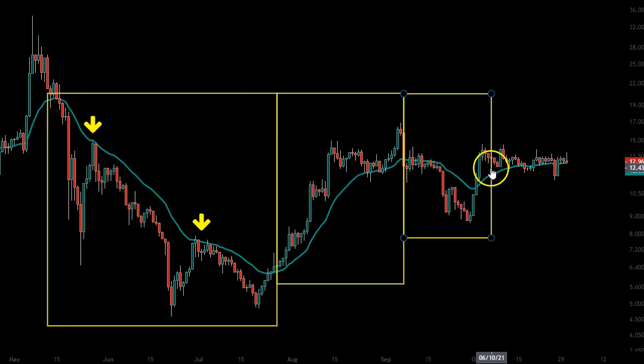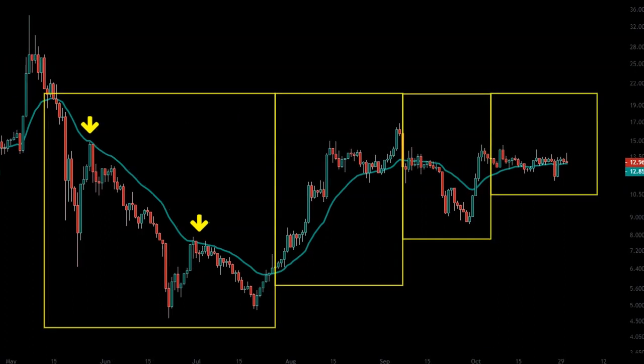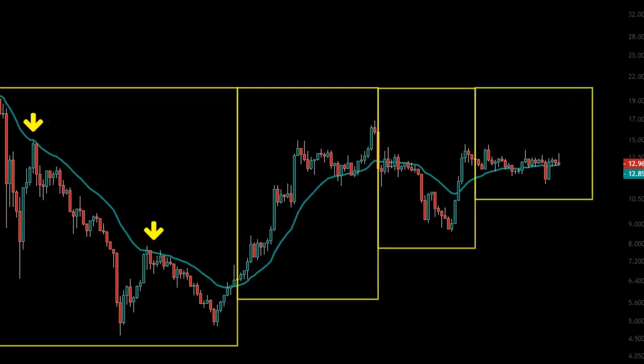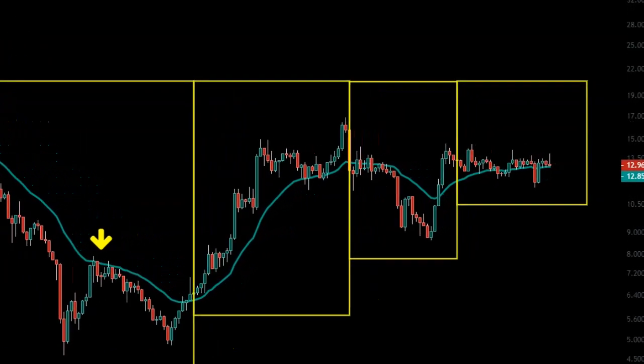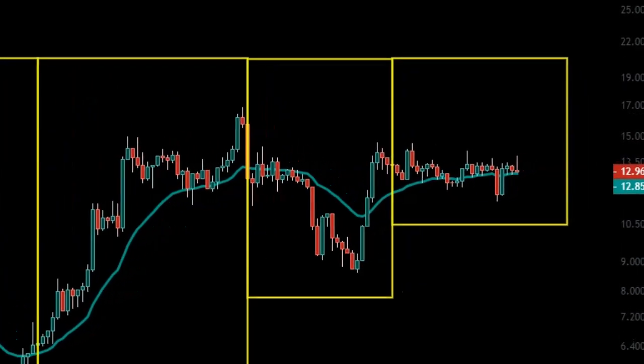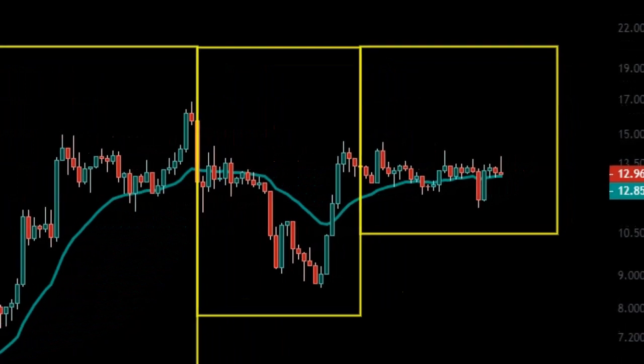Now since this move, and this was 1 month ago, you can clearly see what is happening. The price is above 21. This is a bullish scenario. This is a bullish confirmation. Now it's not to say that we can't plunge one more time below 21, but things are looking pretty good.